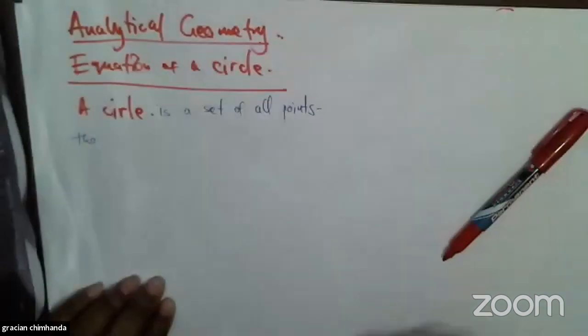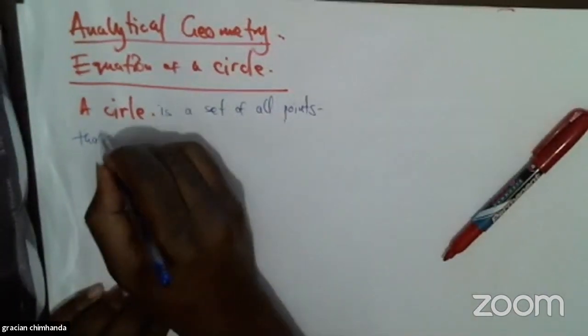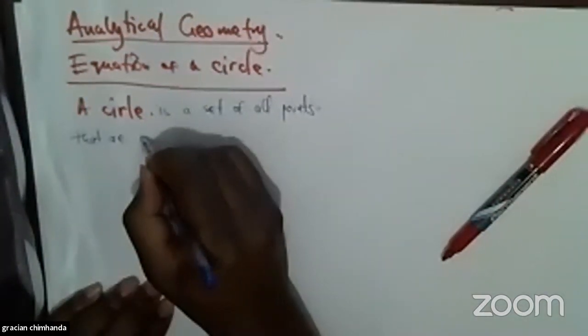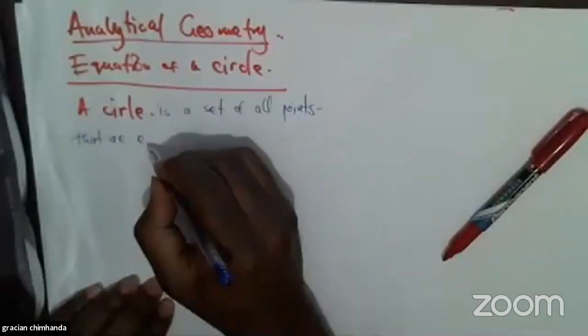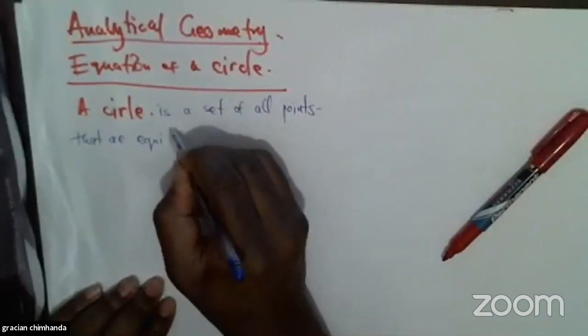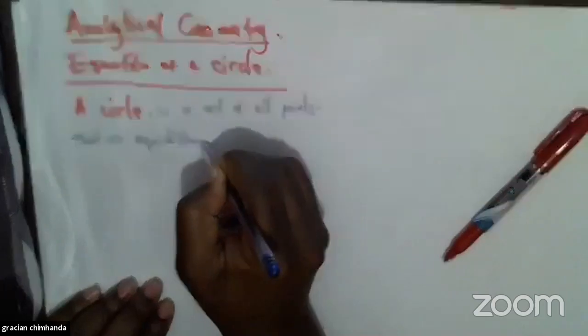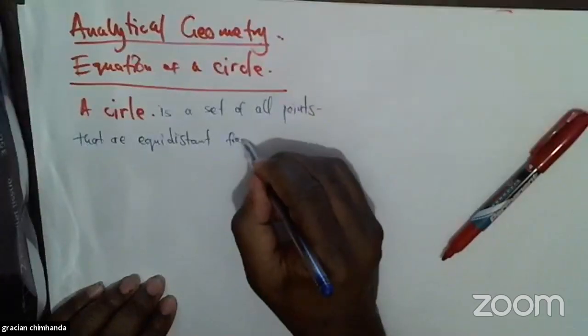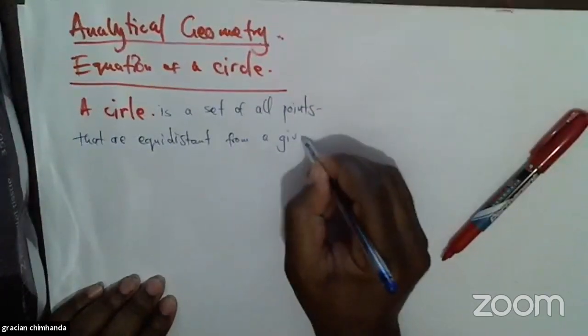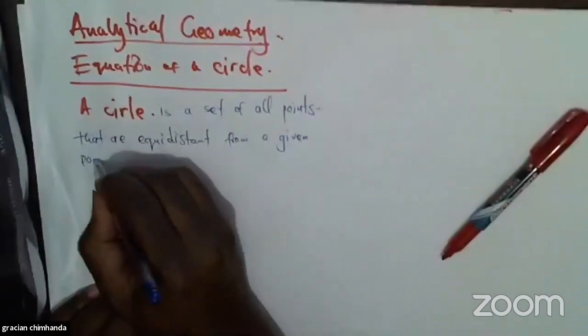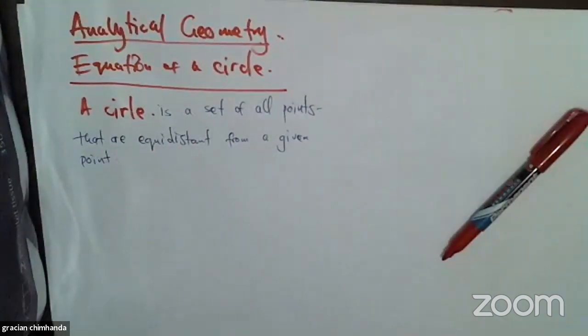A circle is a set of all points that are equidistant from a given point, right? So a circle is a set of all points that are equidistant from a given point.